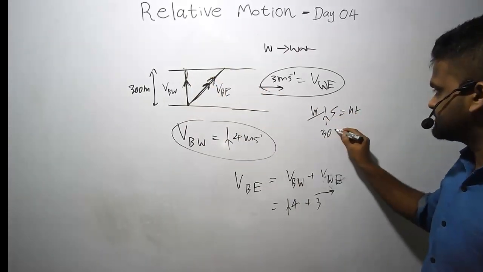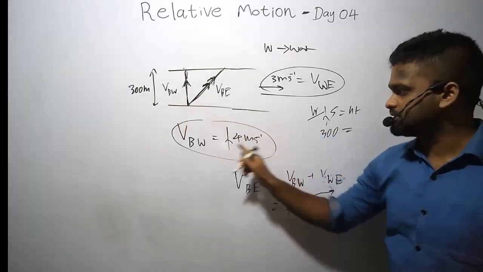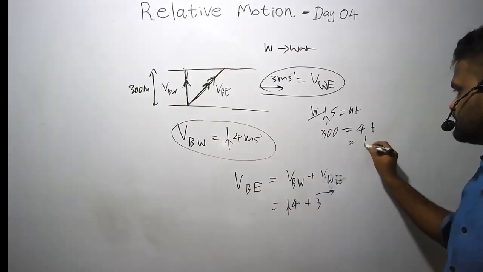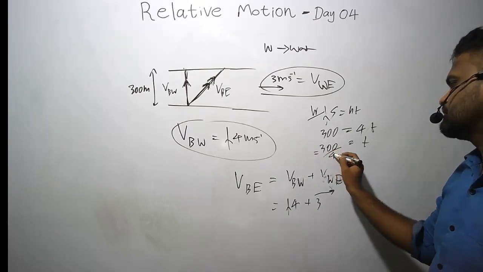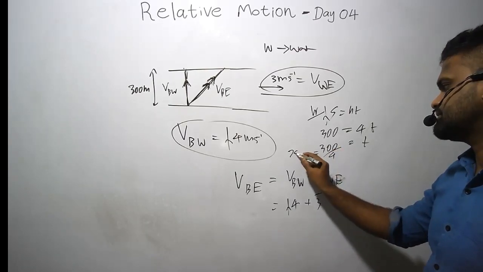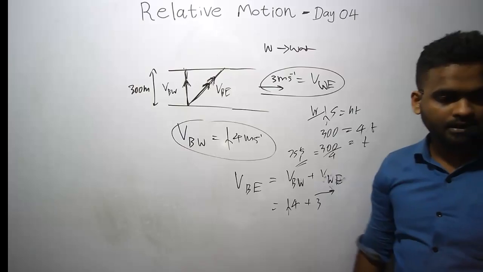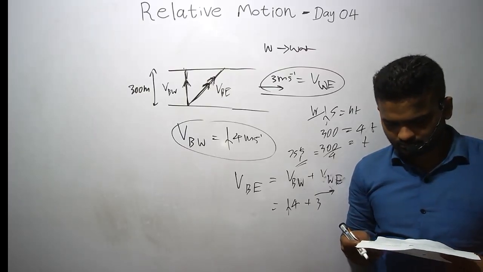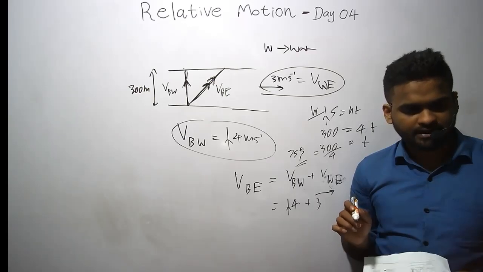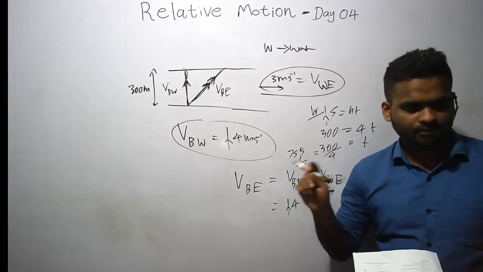So the distance is 300. BW is 4. So the time is 300 divided by 4. What do you get? 75 seconds. So it takes 75 seconds, not 60 seconds.